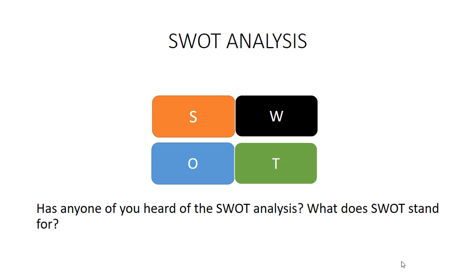Well, you probably know that we can apply this SWOT analysis before we start the business, or after starting the business. So in the next slide, I'm going to give you a short description of the SWOT analysis.